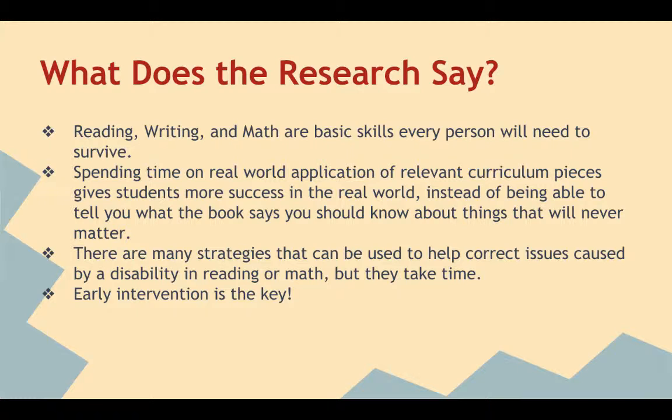A lot of times evaluations along the way are really helpful at trying to help us figure out where we could maybe focus in and spend more time on. And just remember that early intervention is the key. The younger you can identify a disability, the more strategies that can be implemented. This makes things a lot easier down the road.